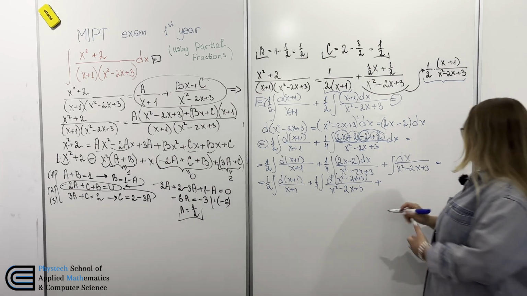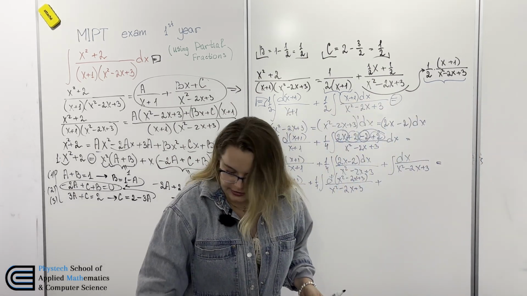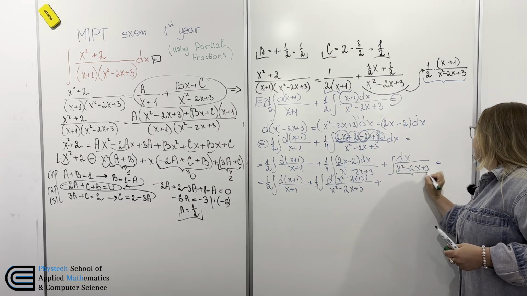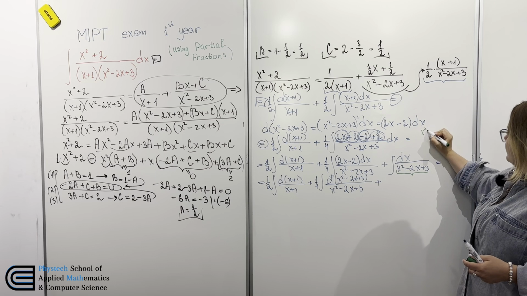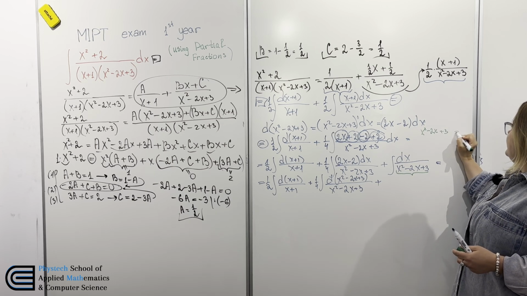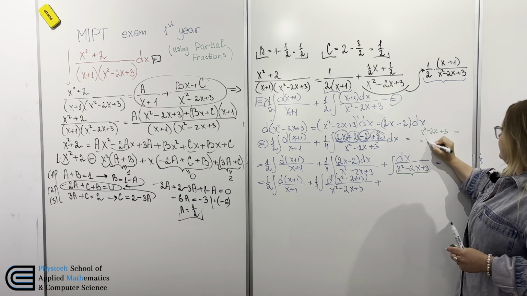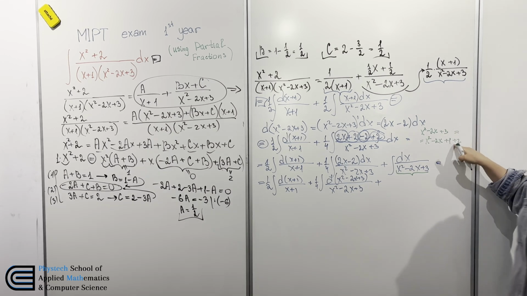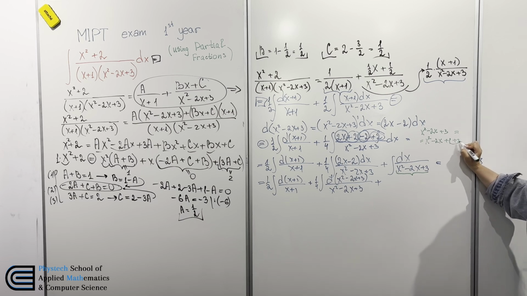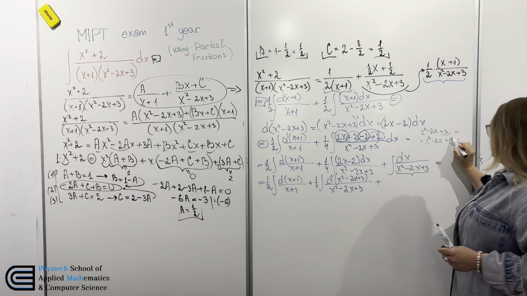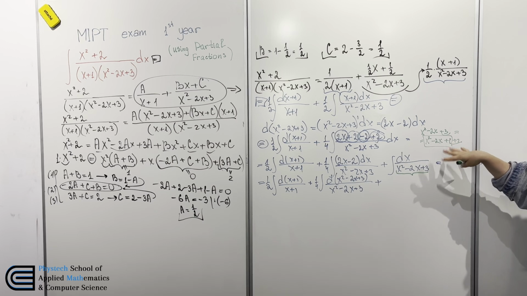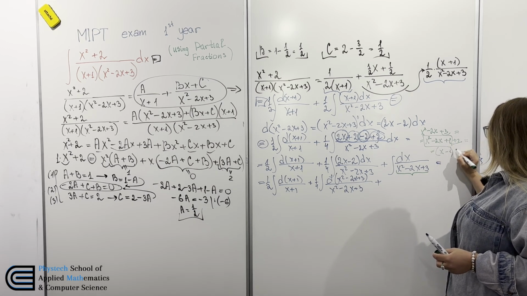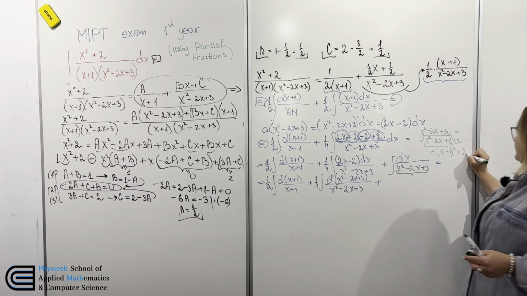Here we can represent this line, x squared minus 2x plus 3, like x squared minus 2x plus 1 plus 2. We write 3 like this. And we know that x squared minus 2x plus 1 gives us (x minus 1) squared, plus 2.